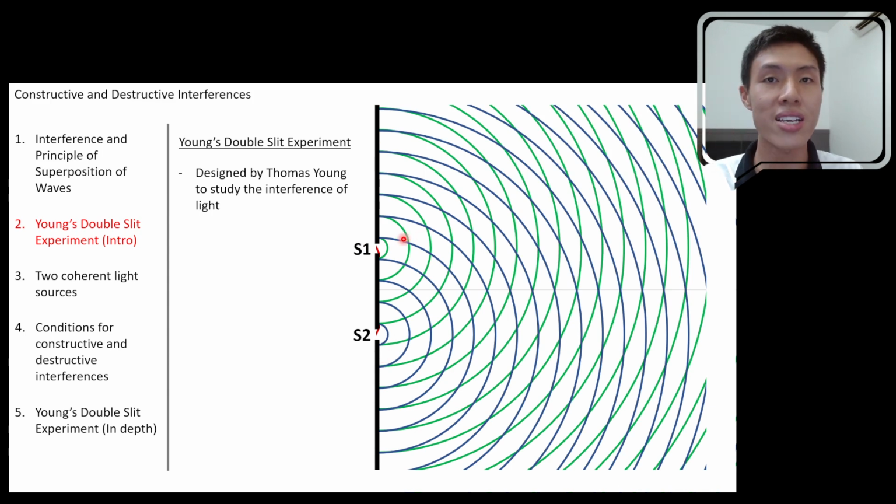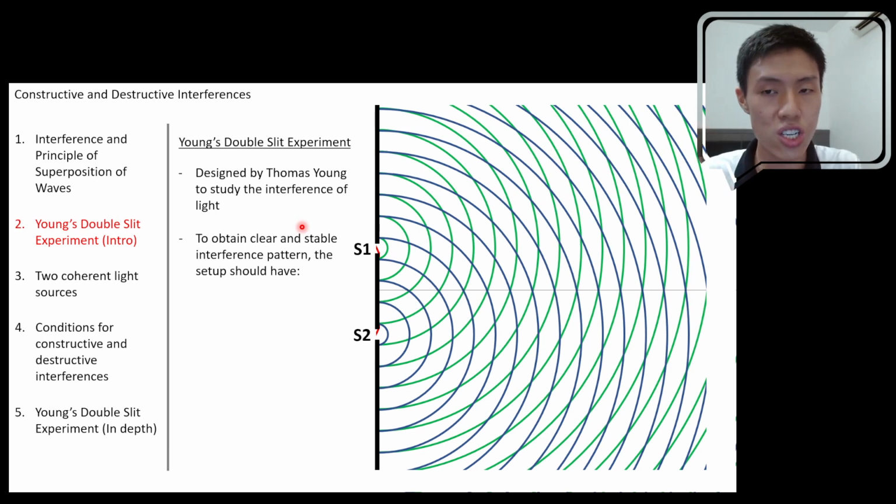It doesn't represent the actual color of the light itself. In fact, the light emerging from source 1 and source 2 should have the same color, and we'll study the reason why. I'm just emphasizing that I use two different colors to differentiate that they emerge from different slits.